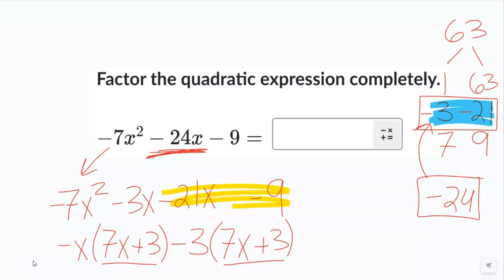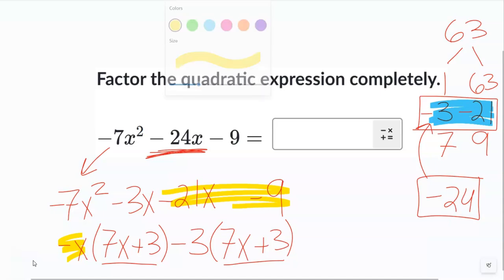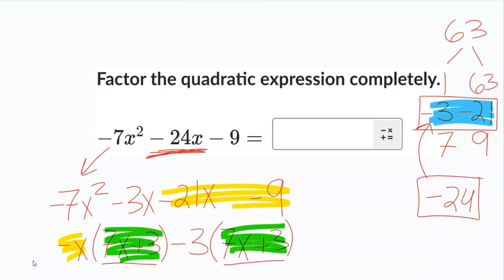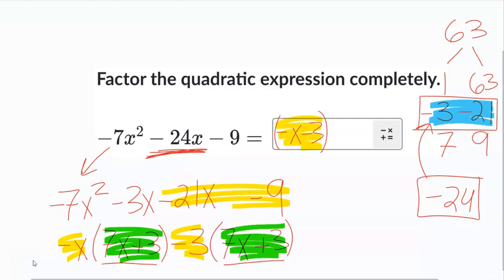So now we have a negative x right here being multiplied by 7x plus 3. And I'll make that green. This is the same, and that's the same. So we have two different things being multiplied to the same thing. So we're going to rewrite those together. Negative x minus 3, that's the stuff in the yellow, right?